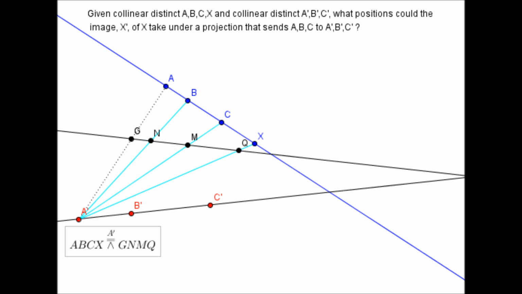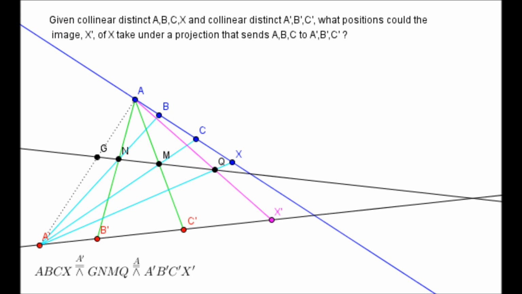We're just going to do a second perspectivity, but this time, rather than doing the perspectivity from the center A dash, we're going to use the point A on our first line as our center of perspectivity. And then, as you can see, this second perspectivity sends G, N, M and Q to A dash, B dash, C dash and X dash respectively.